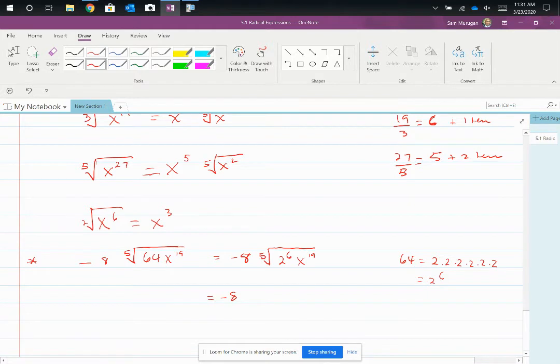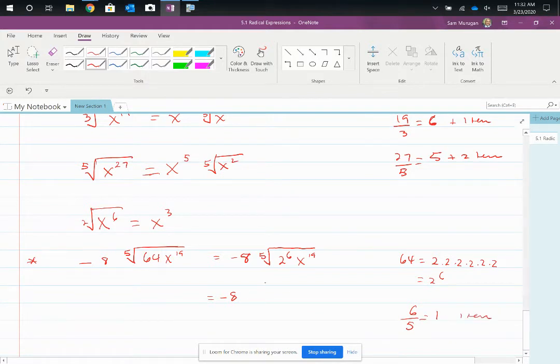-8, the 5th root of 2 to the power 6: 5 into 6 is 1 time and 1 remaining.